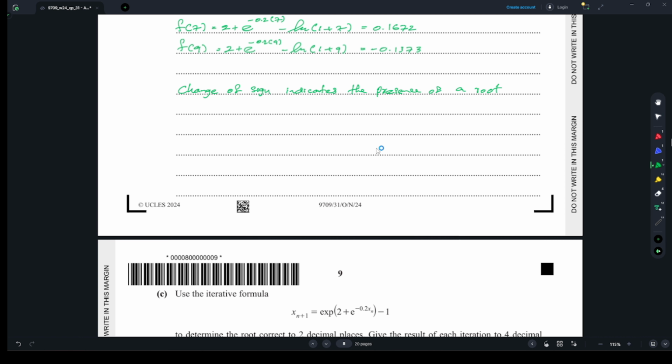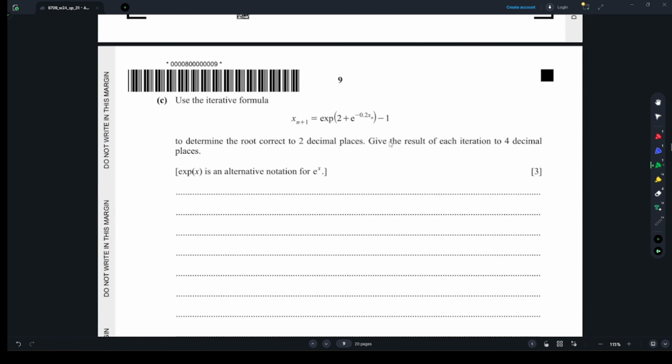Okay, so there is a root. There is a root that lies between 7 and 9. Okay, it's done.